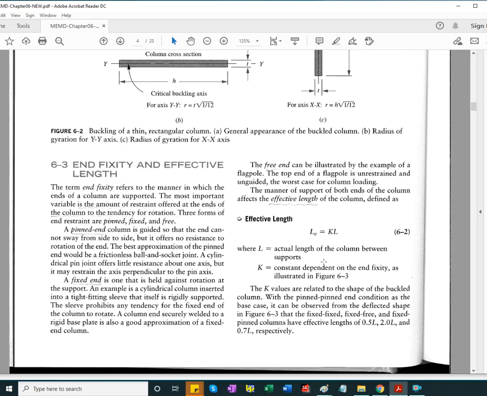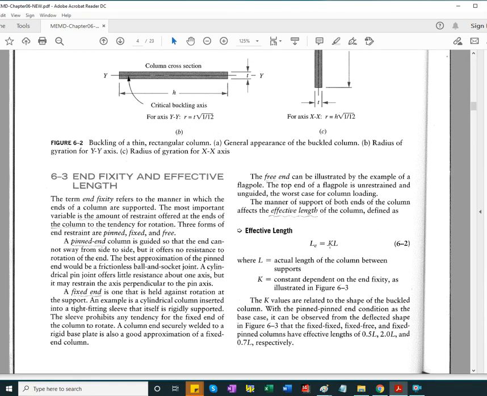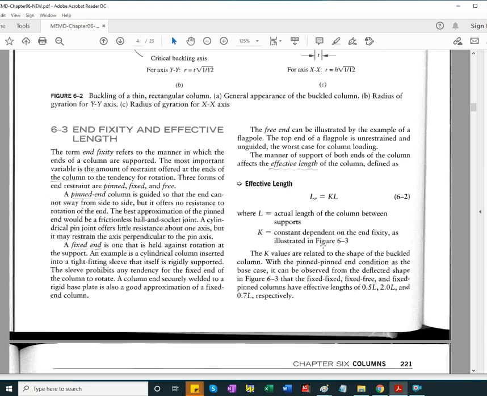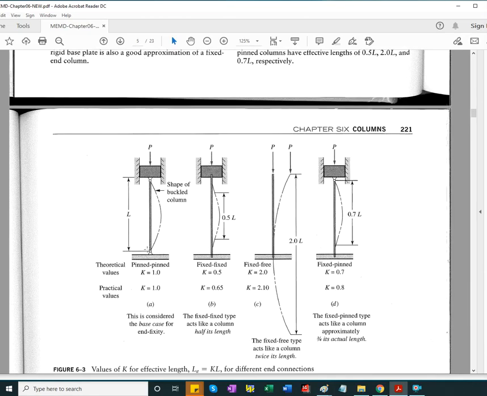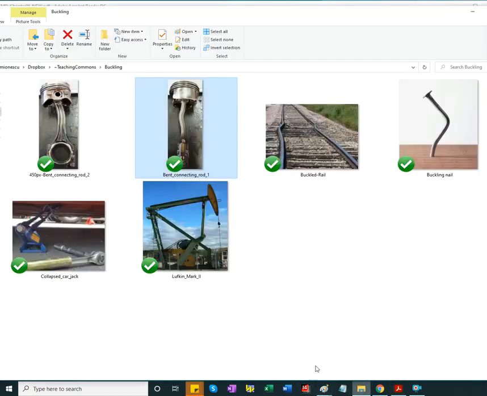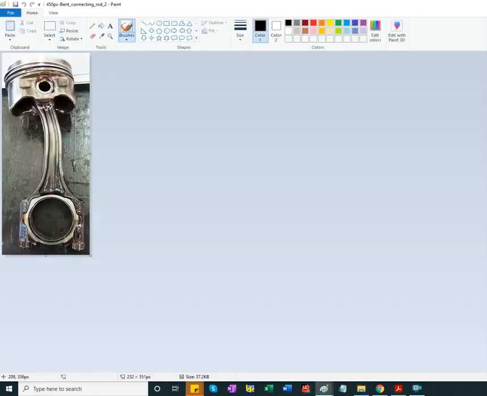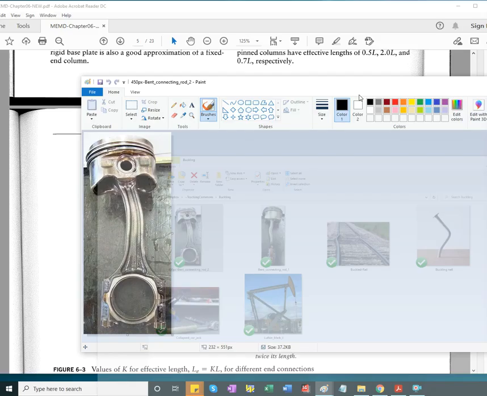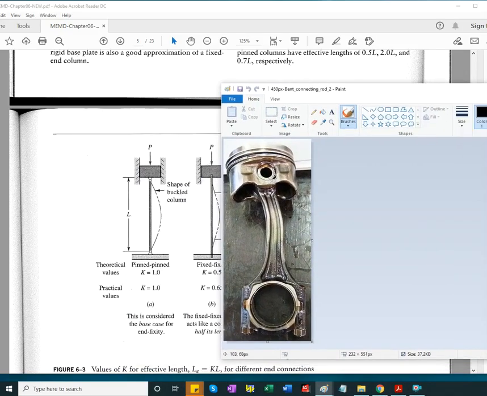And we also learned, as we looked at the example with the connecting rods, that it matters how you hold the ends, whether they are allowed to rotate, to pivot, or not. So the two connecting rod buckle cases will correspond to, let's see, although this is plastic range buckling, the shape of the buckled column would be this one.